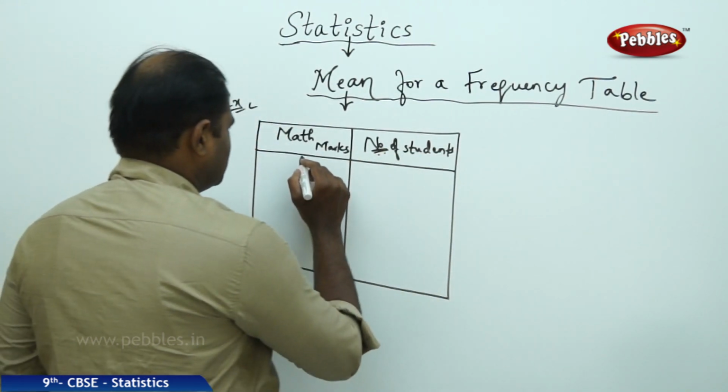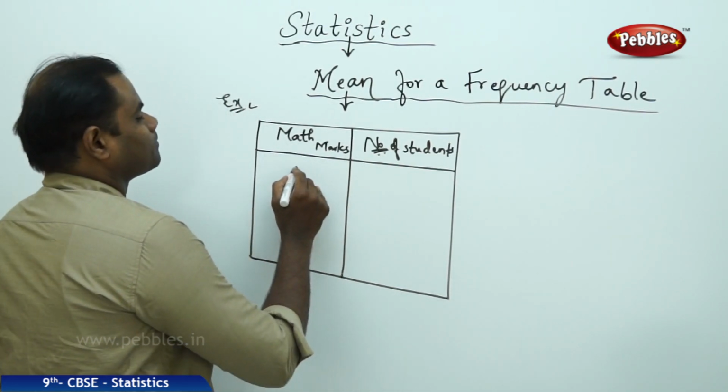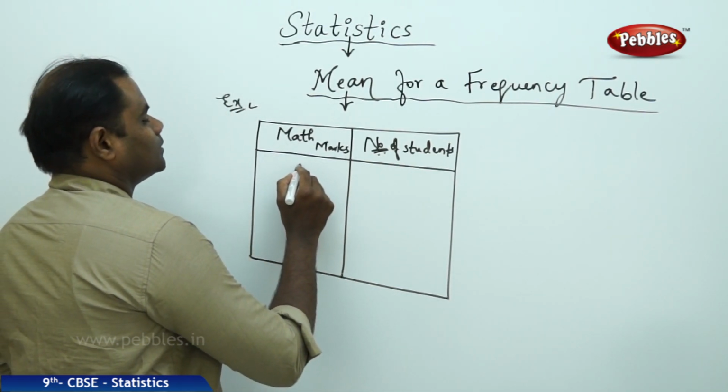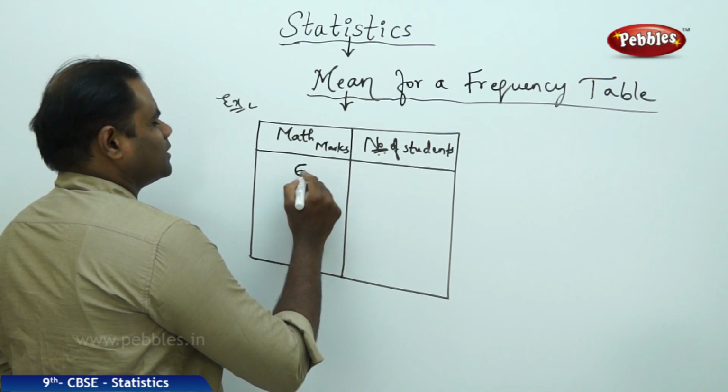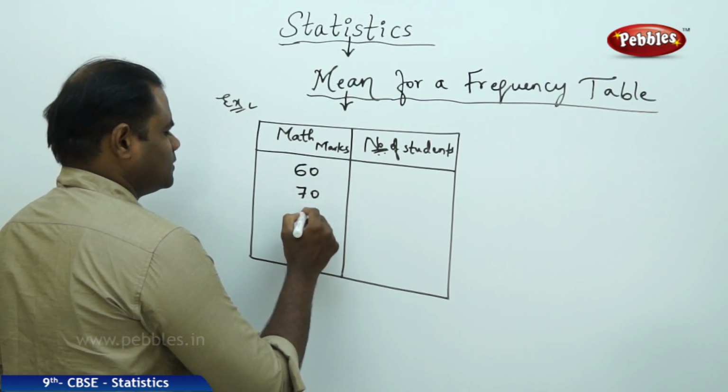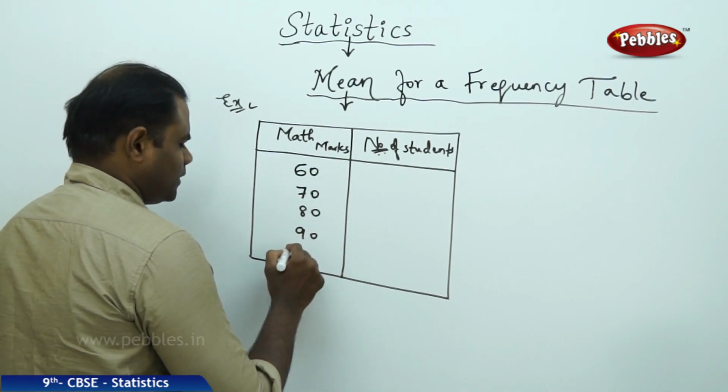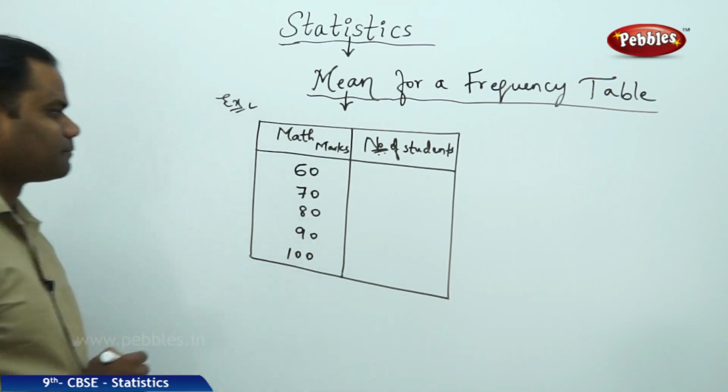Say for example, 60, 70, 80, 90 and 100.